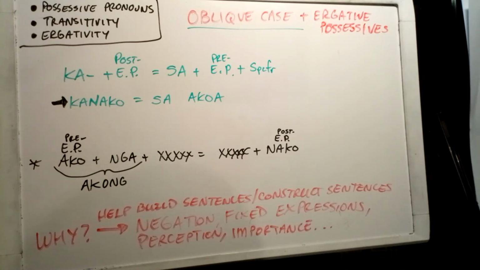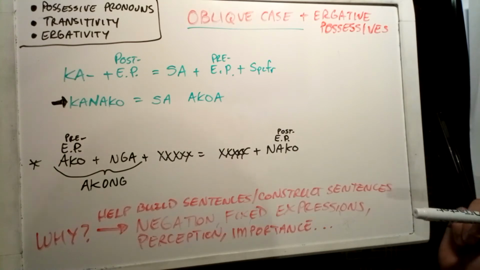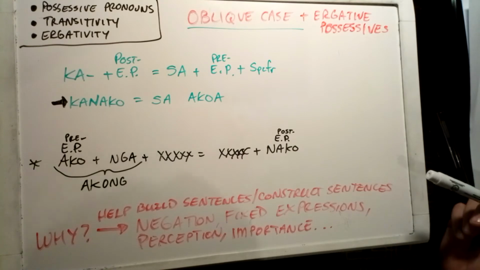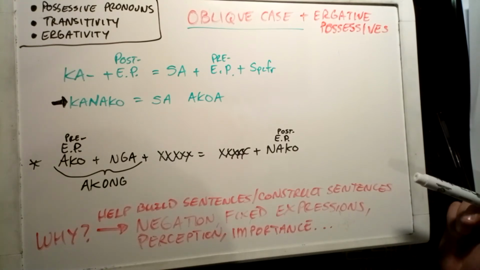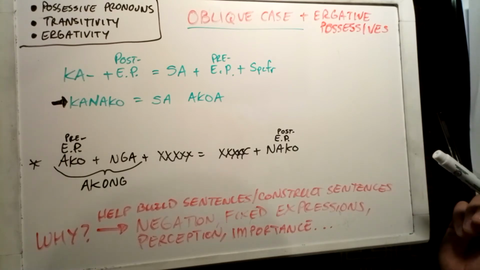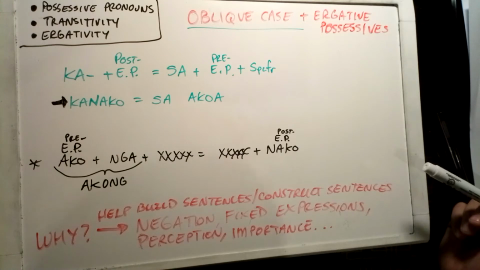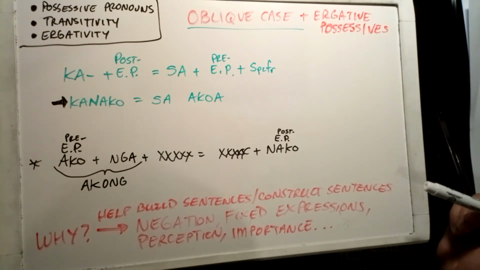Or if you understand the concept of direct and indirect objects, especially indirect objects in Spanish, Cebuano works similarly to that too. And of course, other languages that have the accusative case, right?